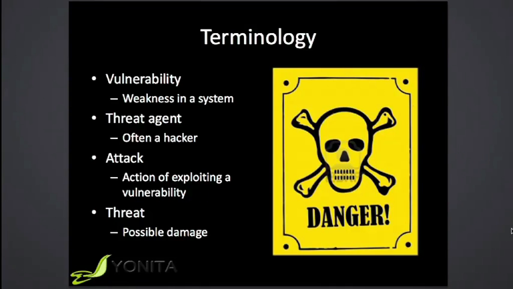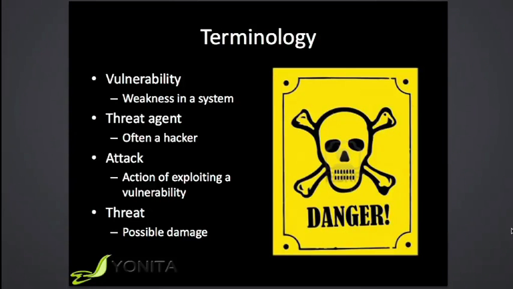So basically, every system has bugs, security bugs. There is no system which is 100% security proof. There are only bugs which are discovered, and the ones which are not discovered yet. Right? So security vulnerability is sort of a weakness in a system.